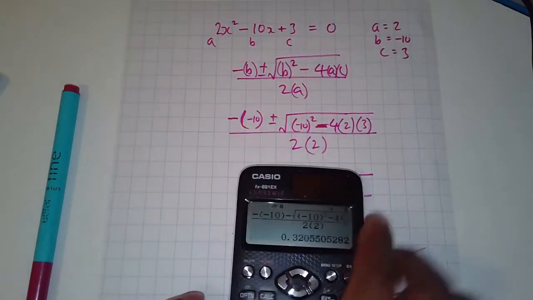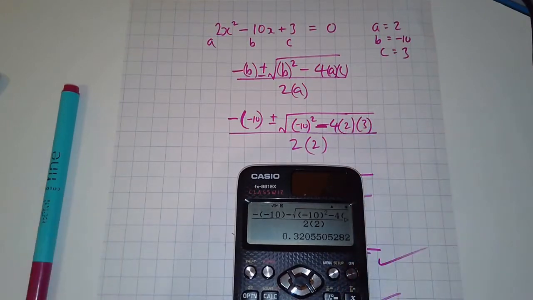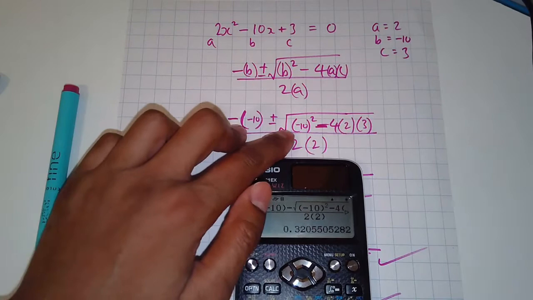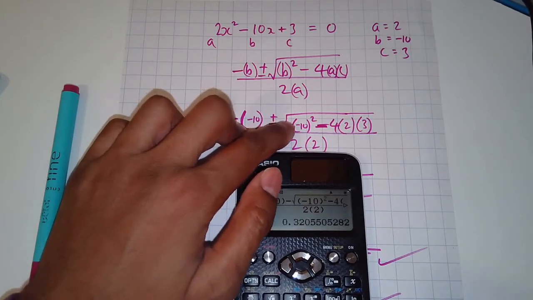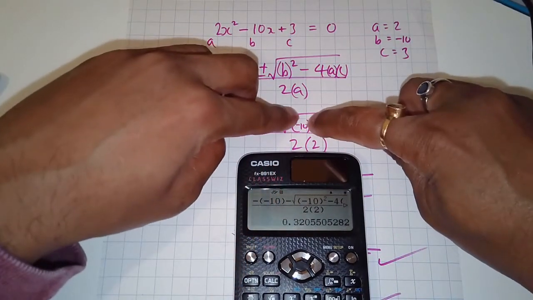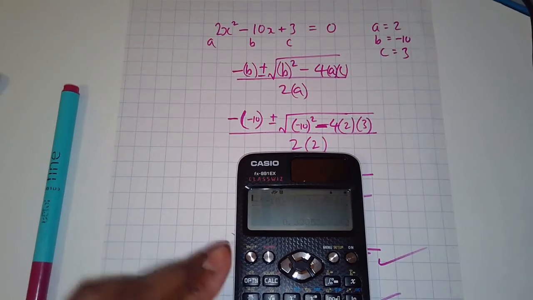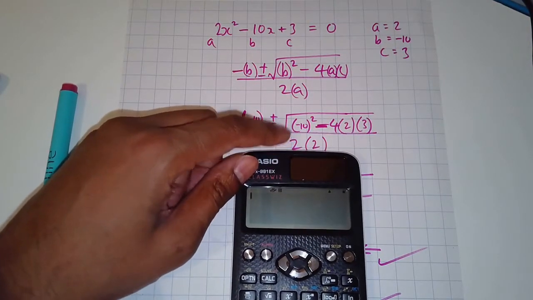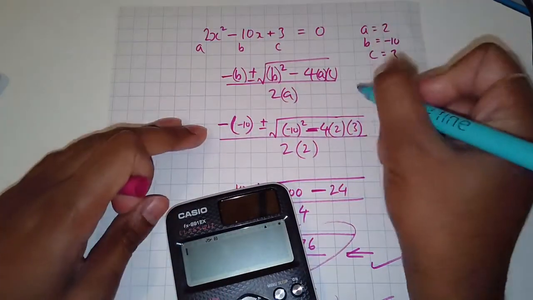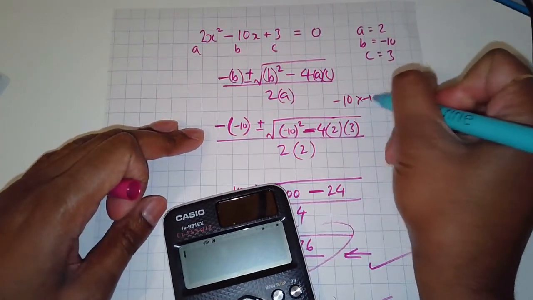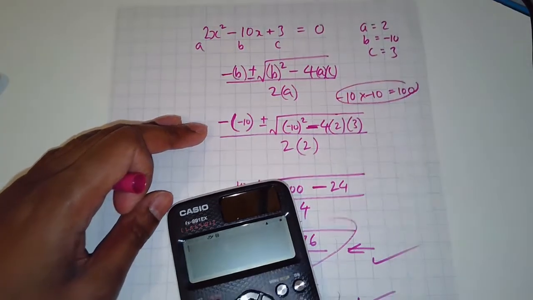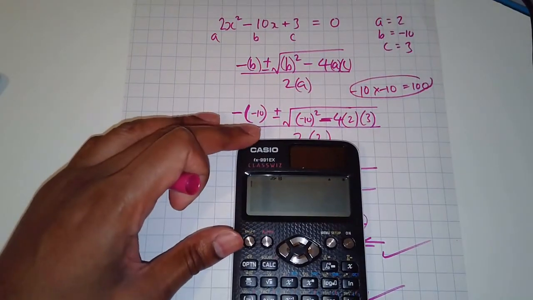Now the benefit of having brackets is that it takes care of negatives. So here it's taking care of the negatives. I want to show you something now, watch. I know minus 10 squared is 100 because negative 10 times negative 10, two negatives make a positive. That is a fact. But watch what happens when I do this on the calculator.